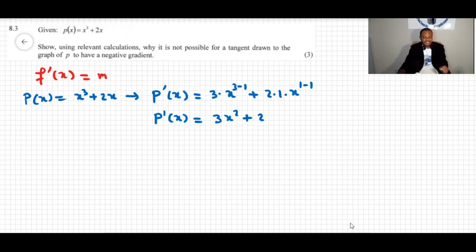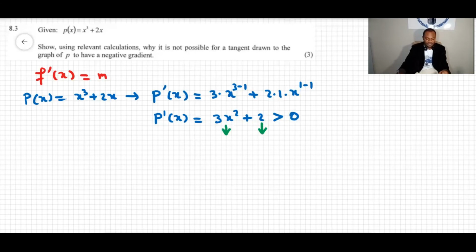Now you can see that this function here will be strictly positive. Why am I saying that? I'm saying that because we have two terms here. We have 3x squared and we also have 2.